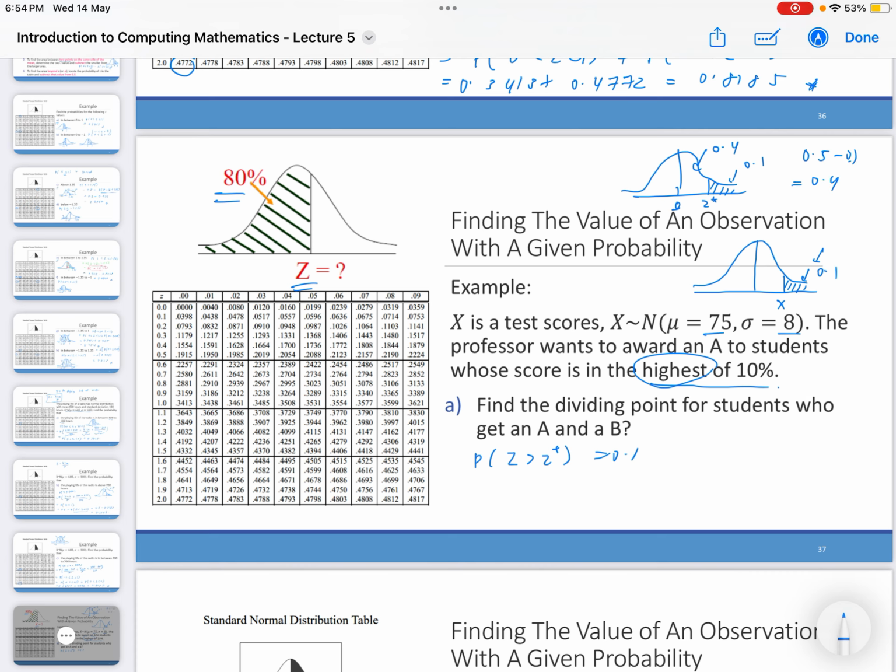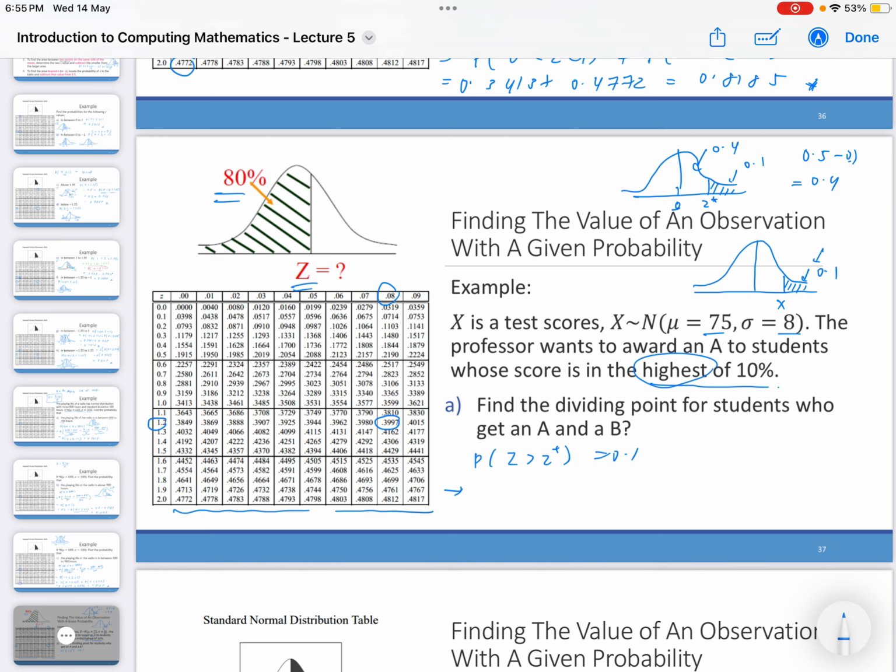So what we can do is look inside the table here. Find the value closest to 0.4. If you look here, the closest to 0.4, I would say this one, 0.3997. So this one gives the value for Z star as 1.28.